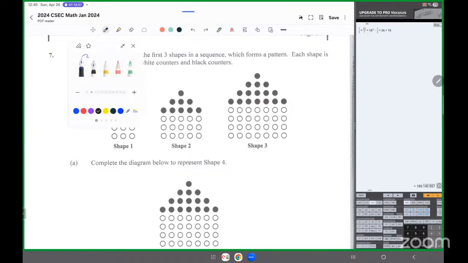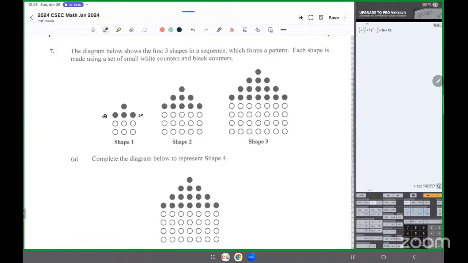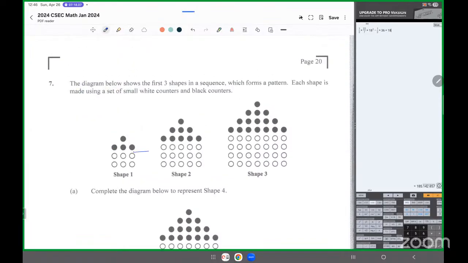They added a black counter on both sides, and one at the top, and then added white circles on either side of this. See that? They basically add these things around it.